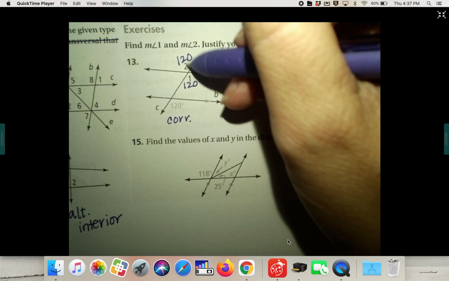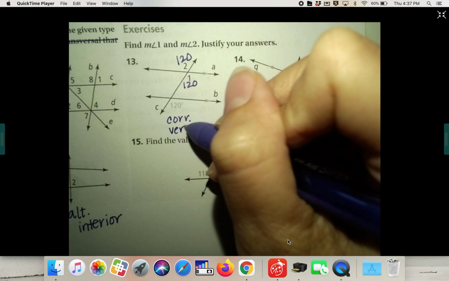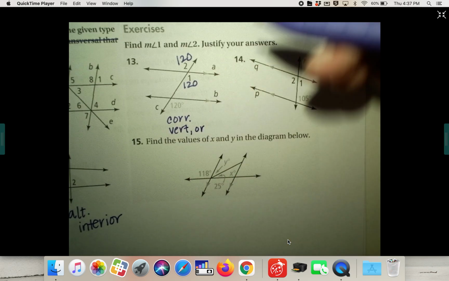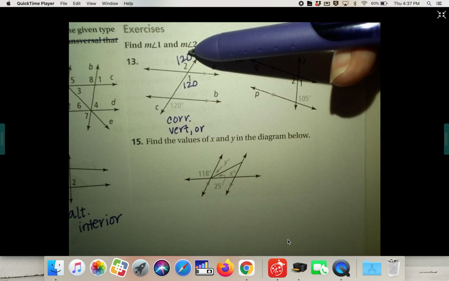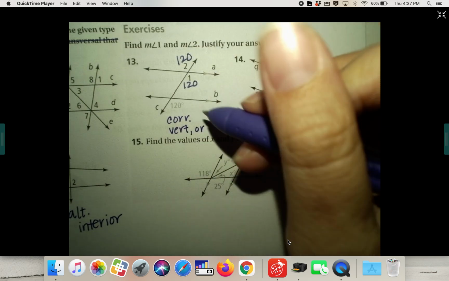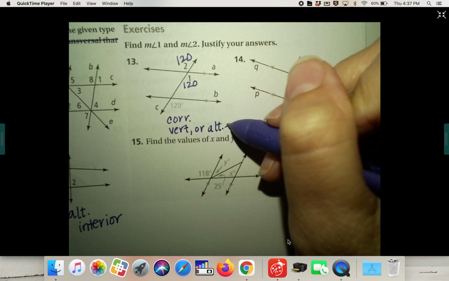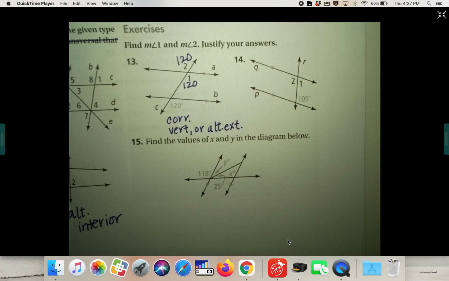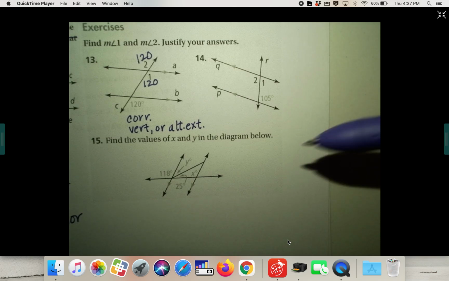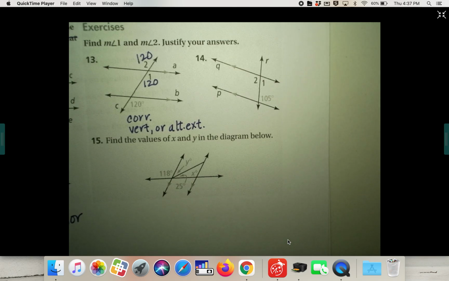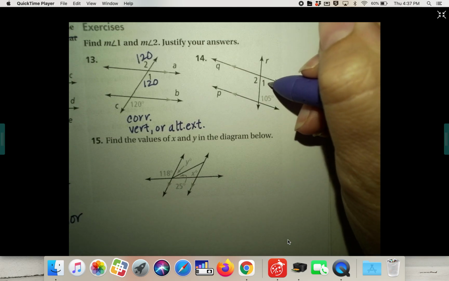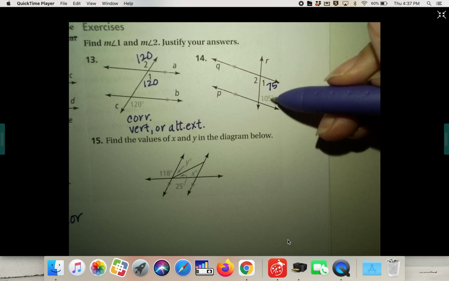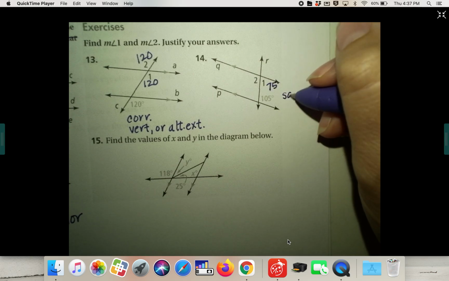And then 2 would also be 120. This could be because 1 and 2 are vertical, or you could have said that down here 120 and angle 2 up here are alternate exterior angles. Okay, number 14, the measure of angle 1 would be 75 degrees because these two are same side interior.